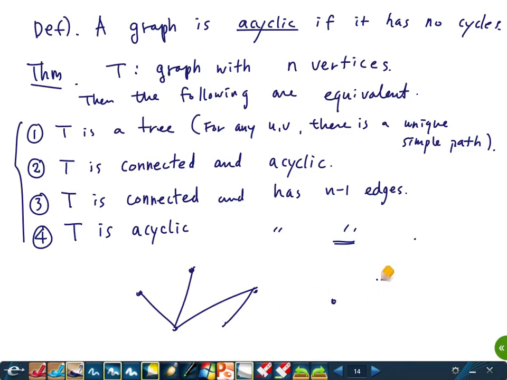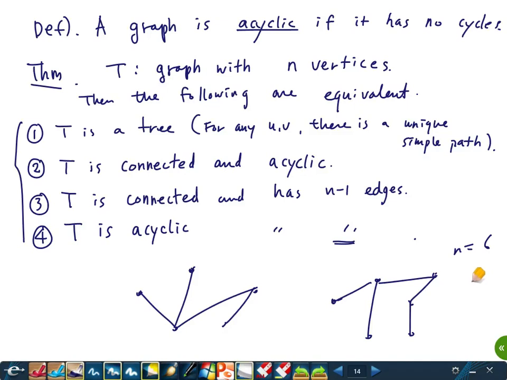For instance, suppose that we have 1, 2, 3, 4, 5, 6 vertices. Of course, if there is no edge, it is acyclic. Suppose that you add edges so that you keep it acyclic.